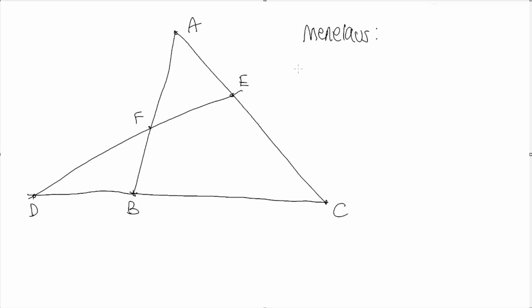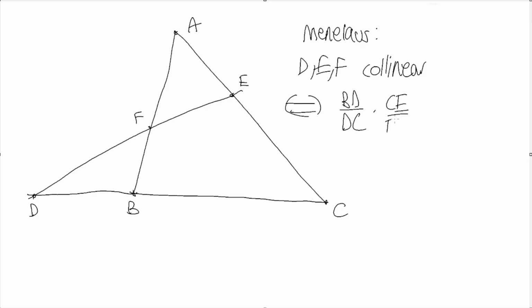And it states that if D, E, and F lie on the sides BC, AC, and AB, then D, E, and F all lie on the same line, they're collinear, if and only if BD over DC times CE over EA times AF over FB, in directed lengths, note the similarity with Ceva's theorem, but instead of being 1, this is equal to -1.